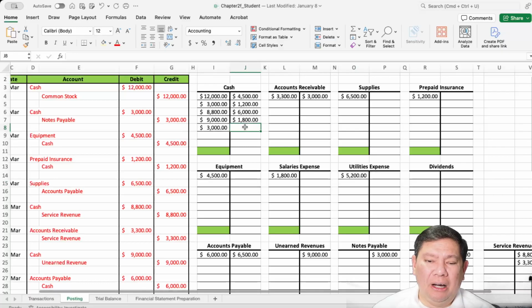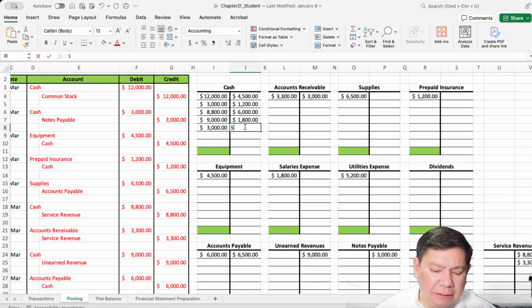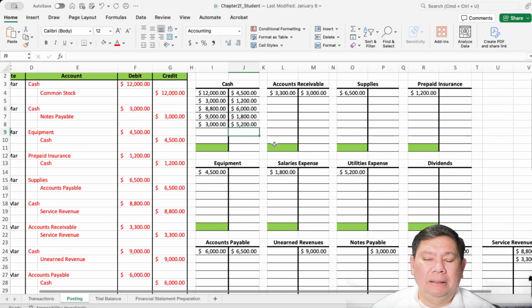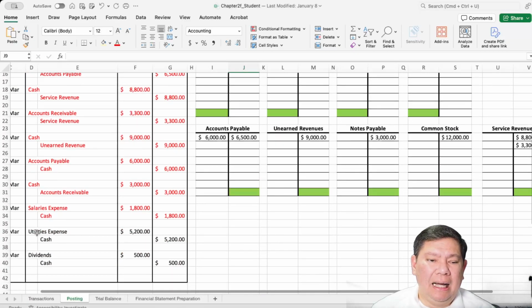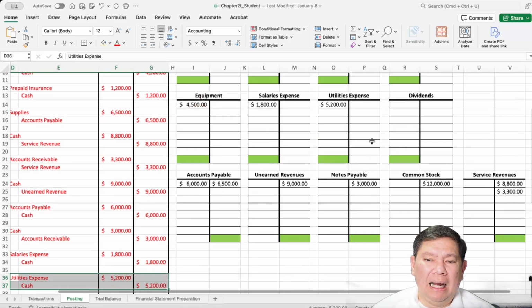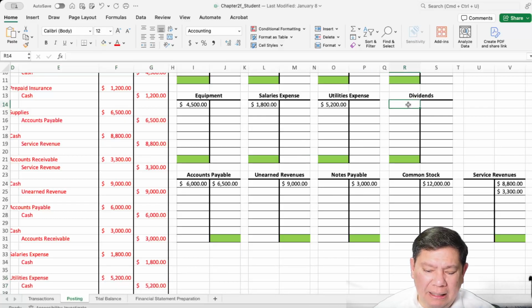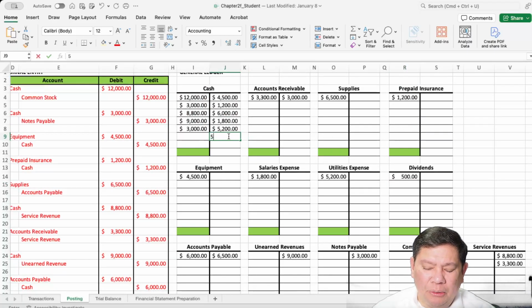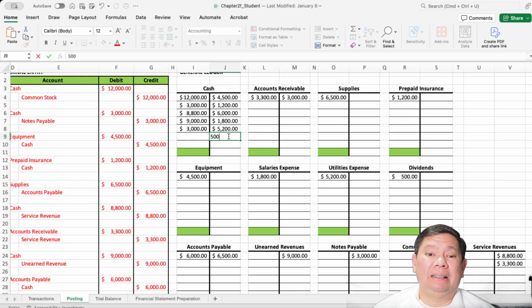Cash goes down by 5,200. Okay, that's done. And the last transaction is paying dividends, $500. So dividends is $500 on debit because dividends reduce retained earnings and cash goes down by $500.